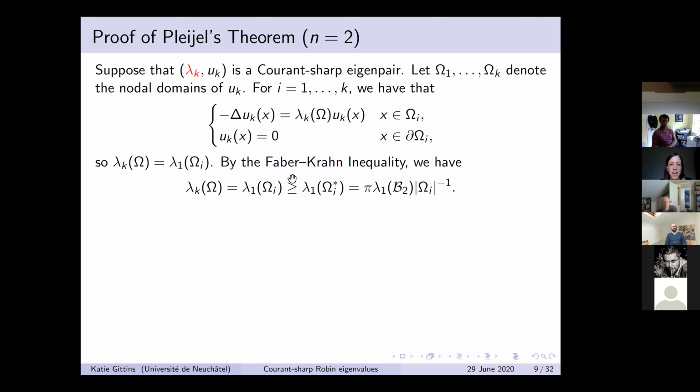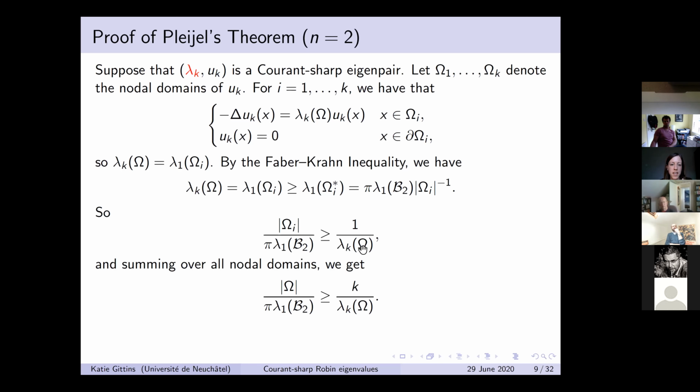So we take lambda_k equal to the first on omega_i, we replace omega_i by a disk of the same area, and then I just rescale so that I obtain here the lambda_1 of the ball. And so once we have that, it gives us an inequality involving lambda_k and the volume of omega_i. And if we add up over all the nodal domains, we know that there's k of them. So now we have an inequality for k over lambda_k.